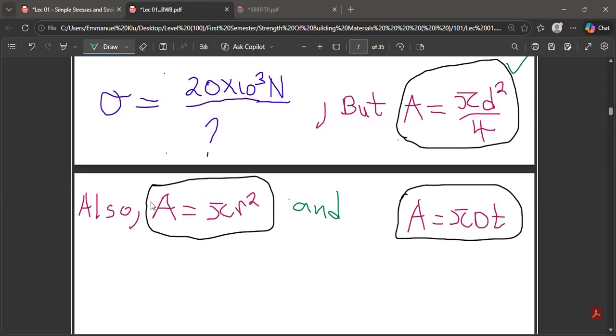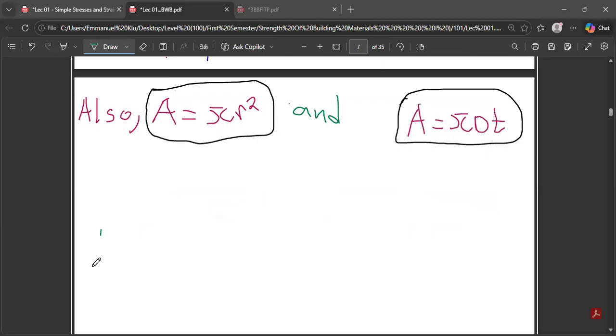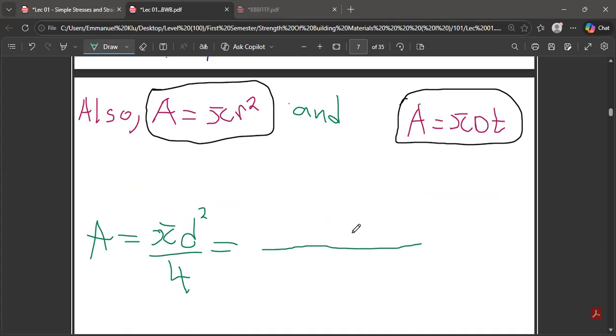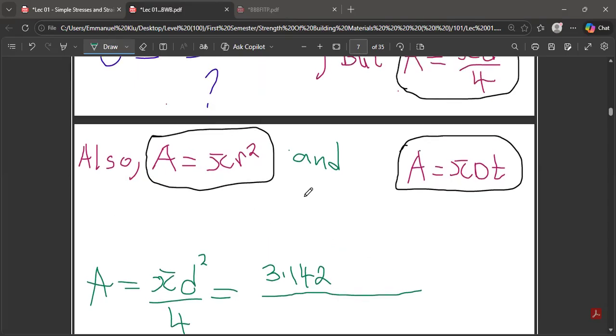So how are we going to calculate our A? We said that A is equal to pi d squared over 4, so our A is equal to pi d squared over 4. In this case, our pi that we are going to consider is 3.142. And the value of pi is also 22/7.